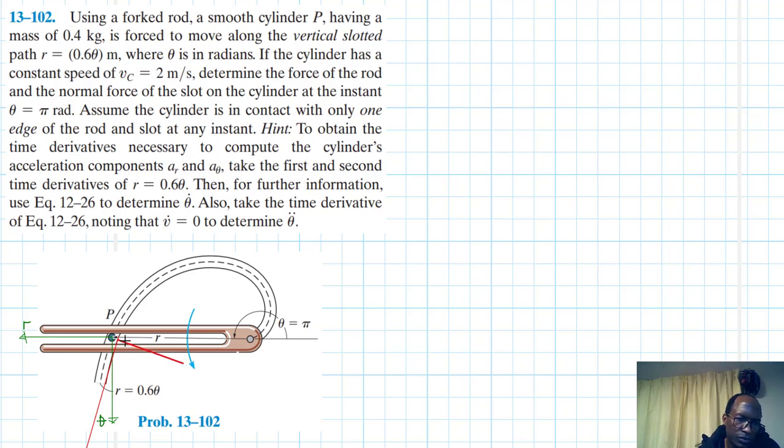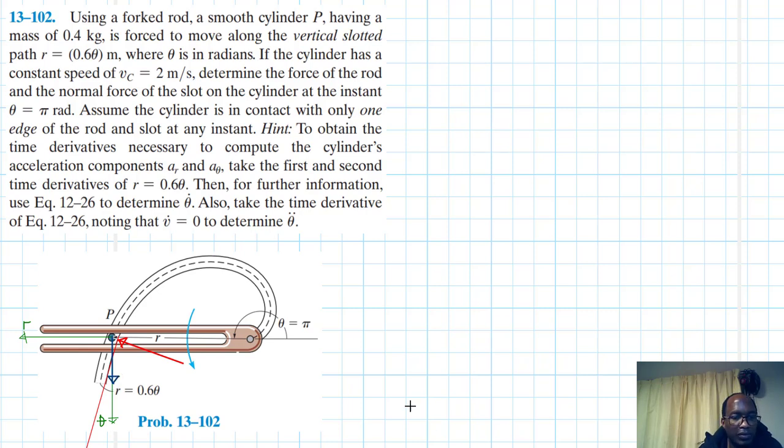Okay, something like so. And then we have the weight. Maybe I should draw it down here, so that I can put the force on top. So this is our weight.